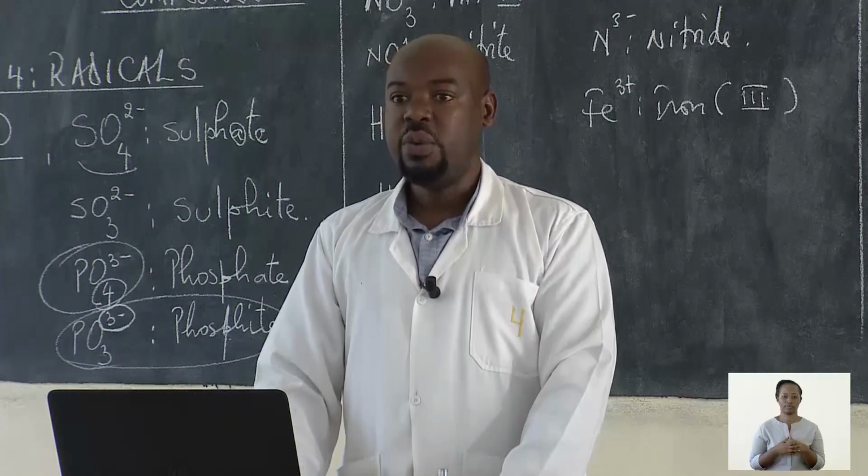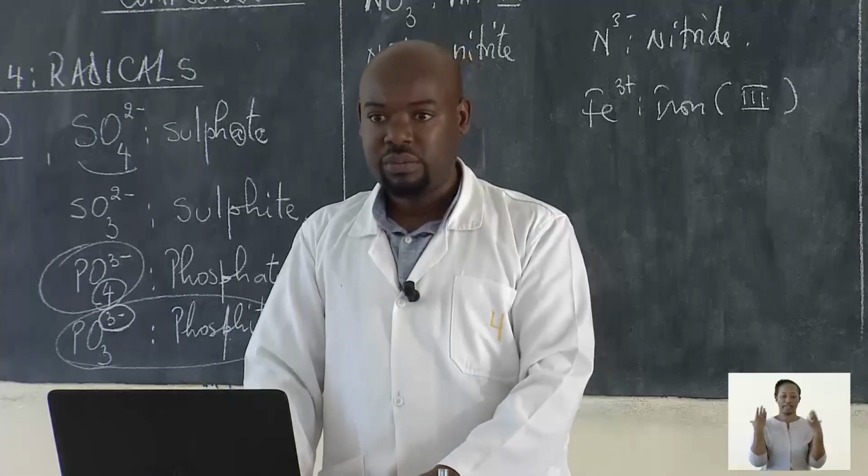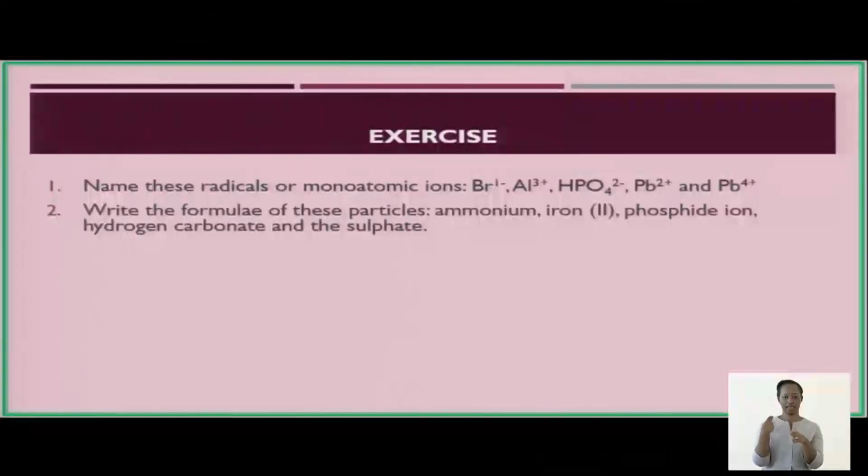On the next slide, we have an exercise. Name these radicals or monoatomic ions. We have them there. And write the formula of these particles: ammonium, iron 2, the phosphide ion, hydrogen carbonate, and the sulfate. Try them, please.